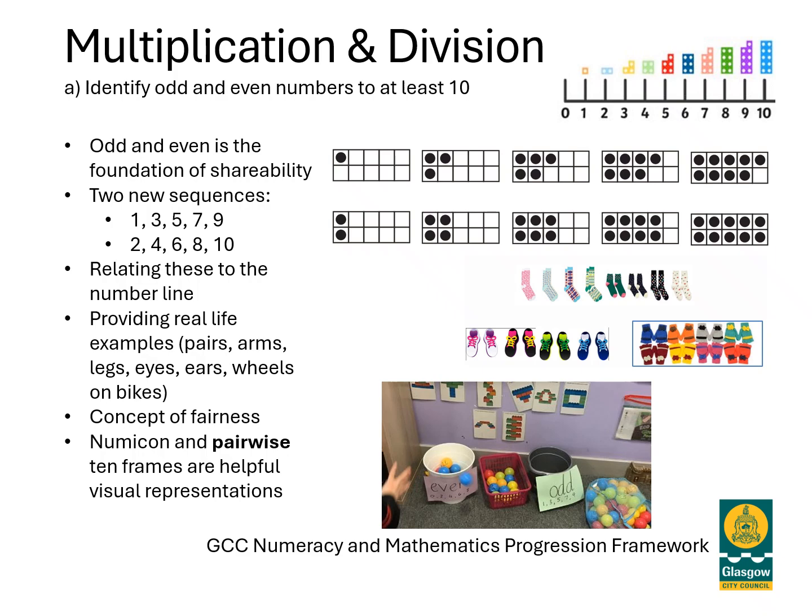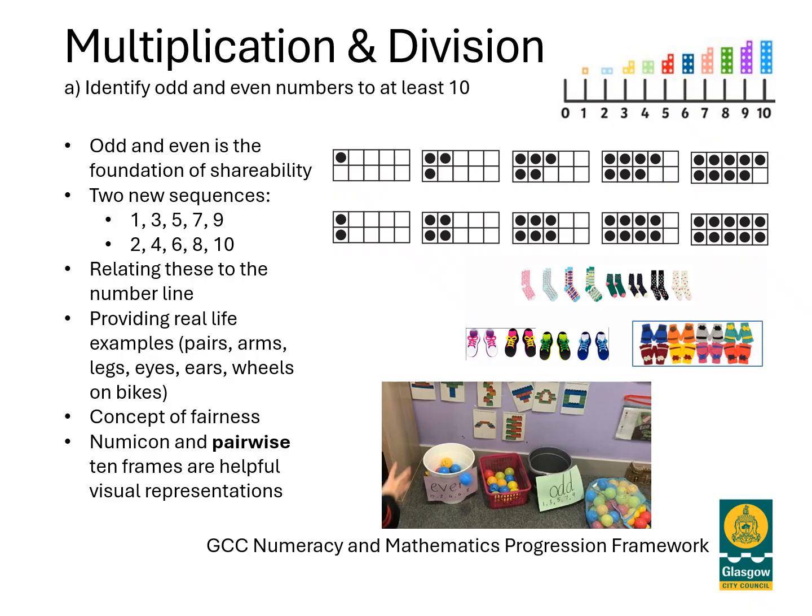The idea of Numicon is that it's shaped such that an even number has a flat top and an odd number has an additional 1 in its layout, a sticky out bit, so it's a very recognizable representation of odd and even. And those are based on the 10 frame layouts that you can see underneath. That's called pairwise 10 frame layouts.